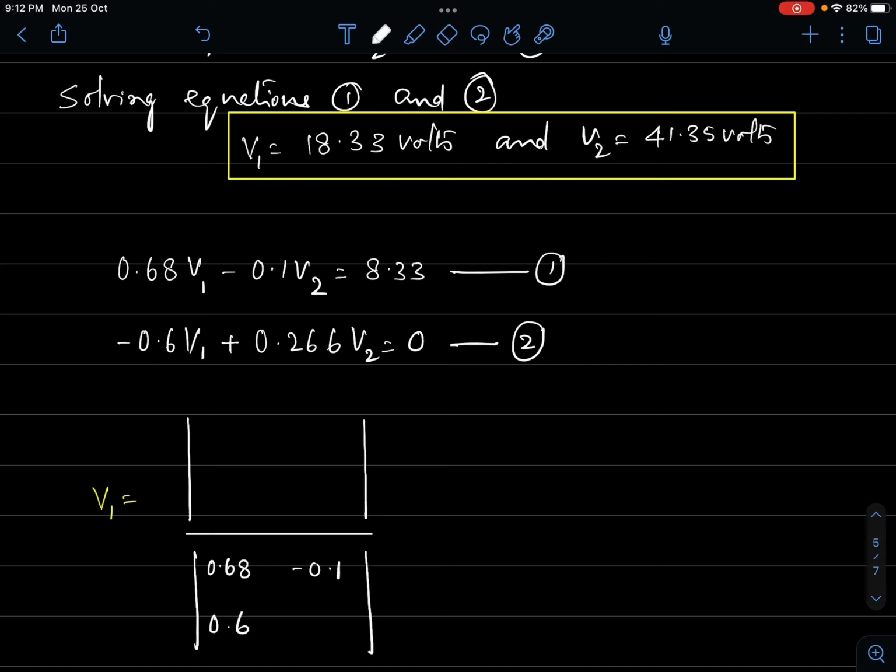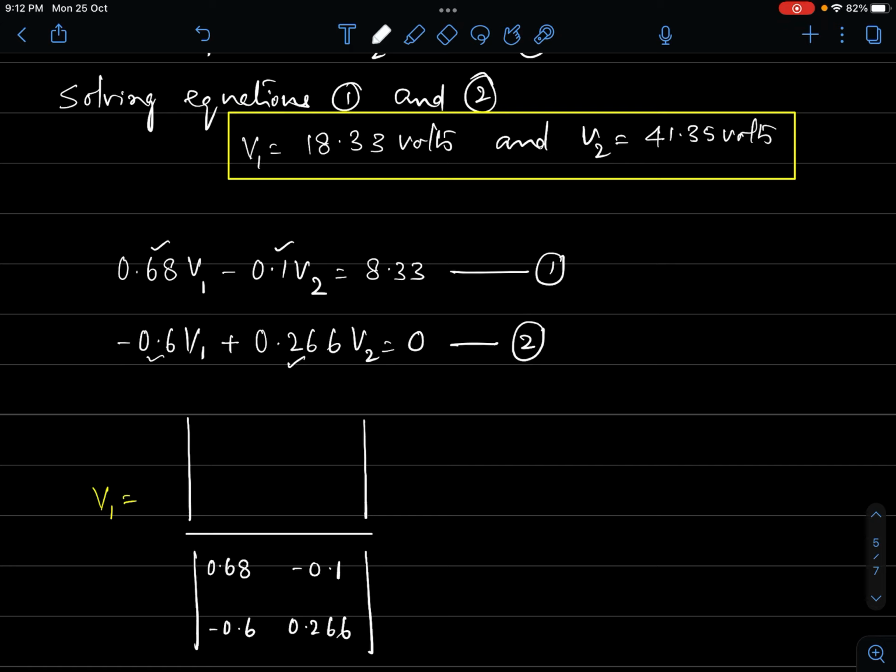This determinant is obtained by taking the coefficients of V1 and V2 from both the equations and arranging them row wise. Okay, so I've taken the coefficients 0.68, minus 0.1, minus 0.6 and 0.266. I have arranged it this way, this determinant.